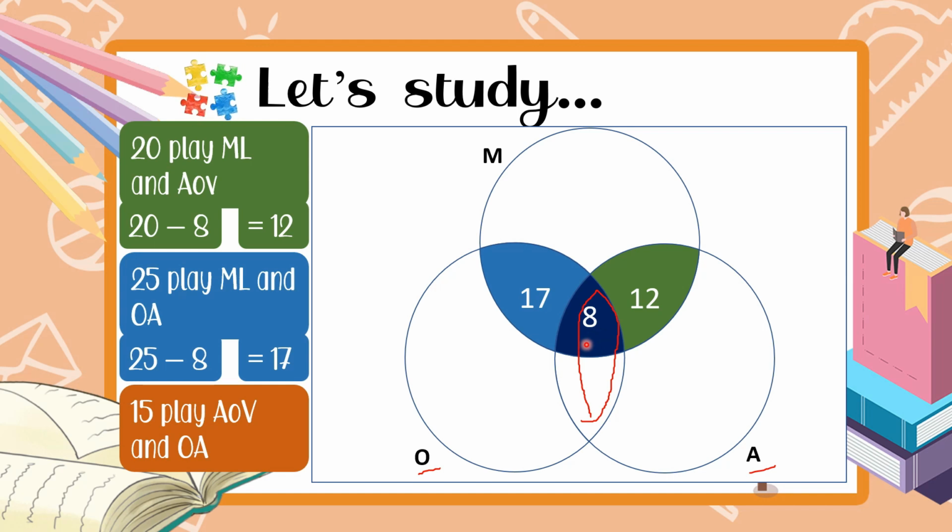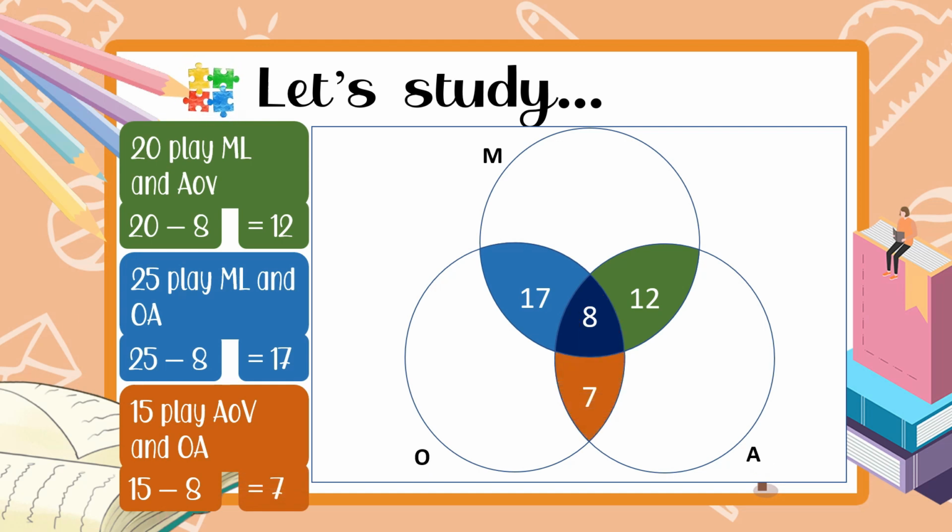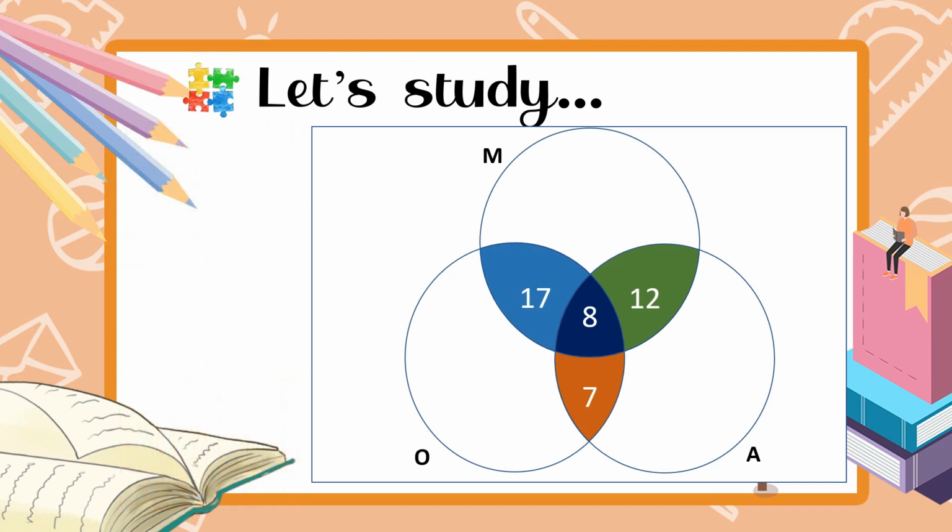So, what we're going to do is we have to subtract 8 from 15. We will have 15 minus 8 and the answer is 7. Okay, ayan. So, nandiyan na si 7. Konti na lang, makukompleto na nating malagyan ang ating Venn diagram.